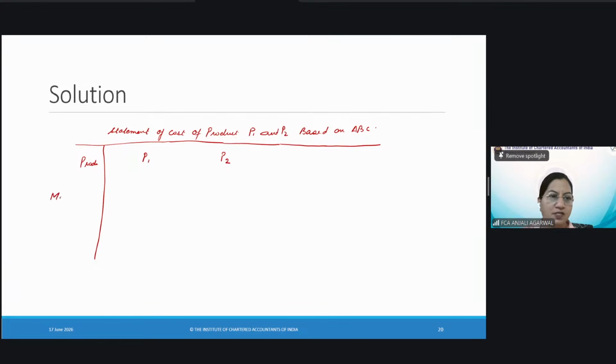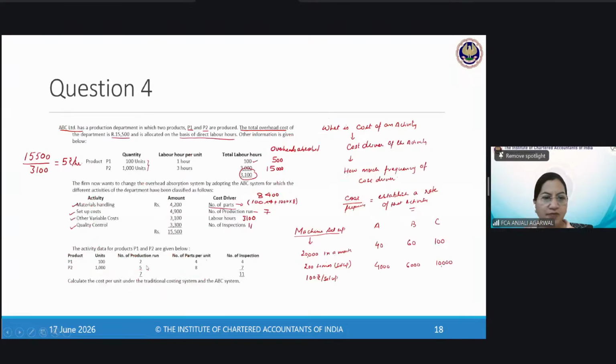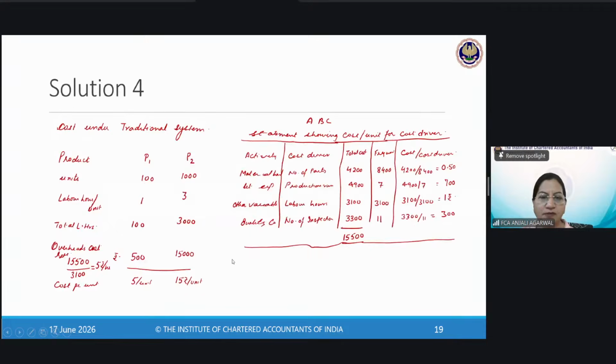The first cost is material handling cost. The rate for material handling cost was 0.50. And how many times was material handled? Number of parts used in P1 and P2? 400 and 8,000.